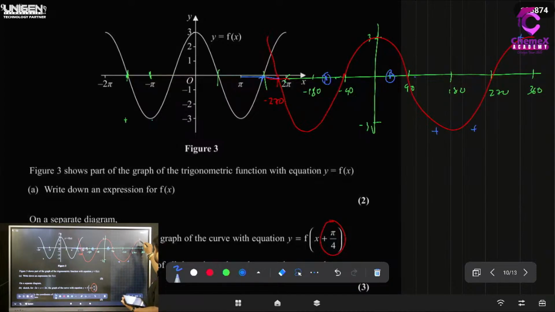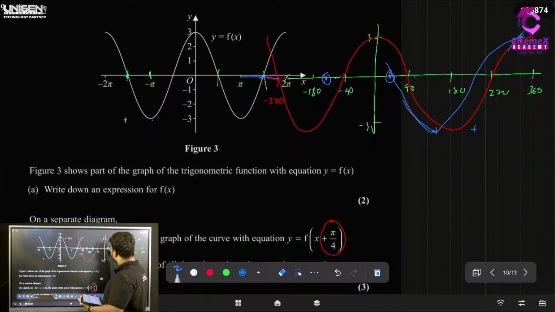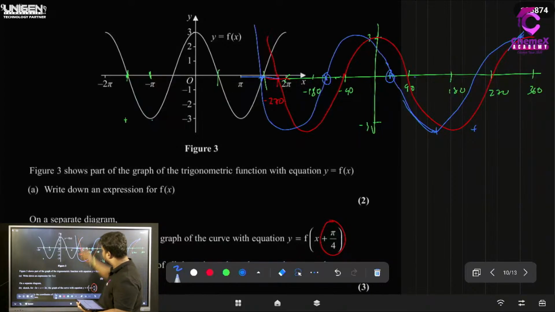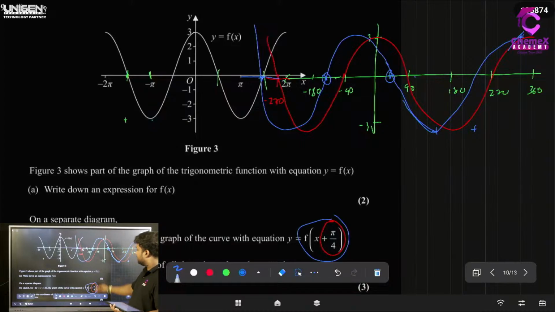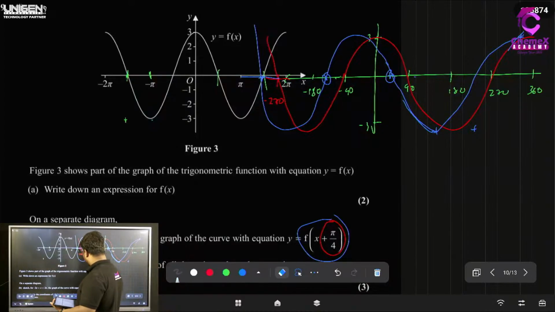So your graph is actually going like this, going like this. It's not so nice. Do you understand? So that's what happens, and you should know where they cut now.